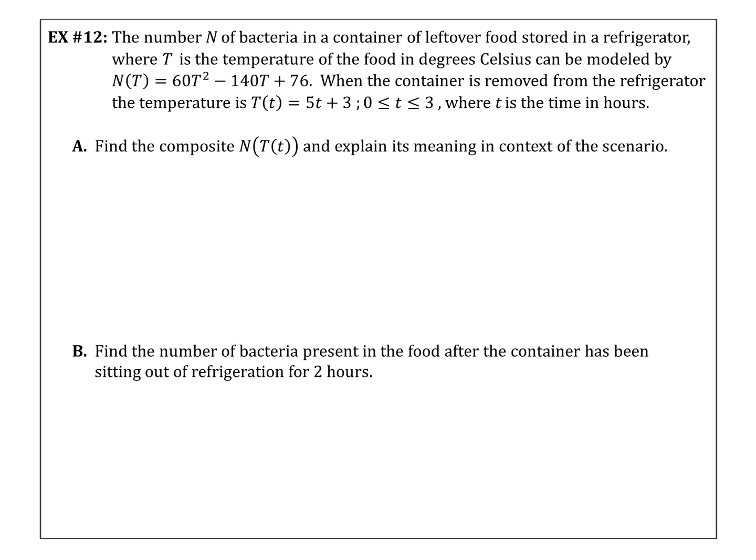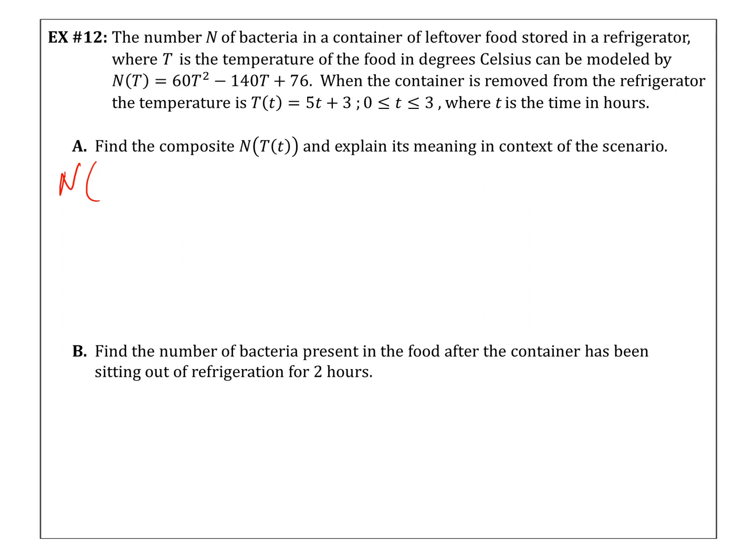When the container is removed from the refrigerator, the temperature is T of t equals 5t plus 3, where t is time in hours, so between 0 and 3 hours. Okay, so the first thing it says is find the composite of N of T and explain its meaning in context of the scenario.